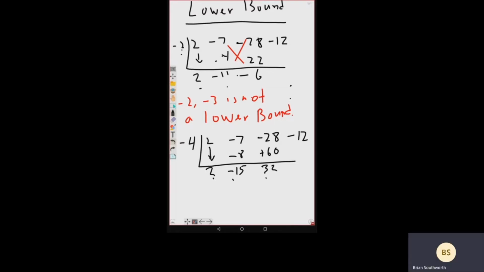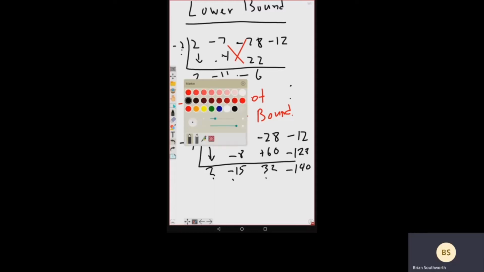Here we go. 32 times minus 4 is a negative number. That's going to be 128. Add those together, so it's minus 140.